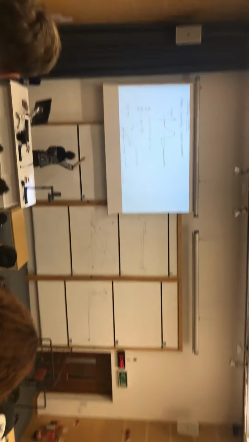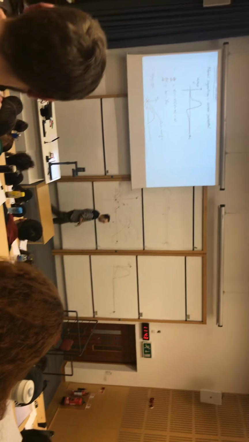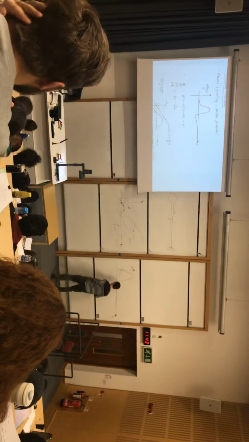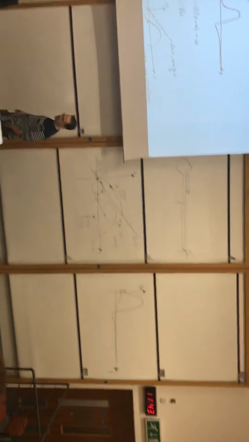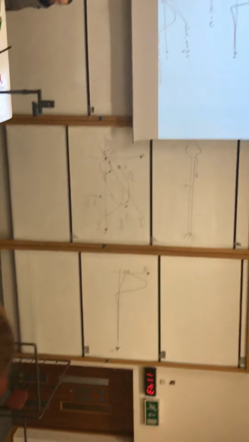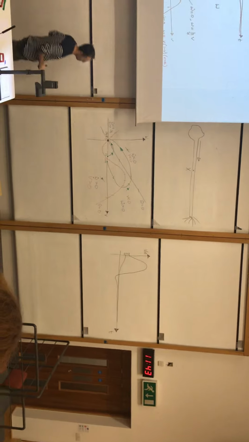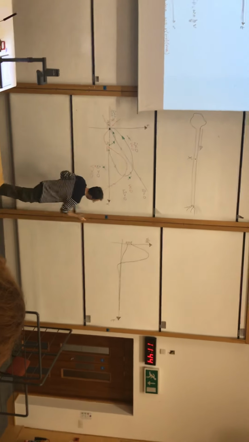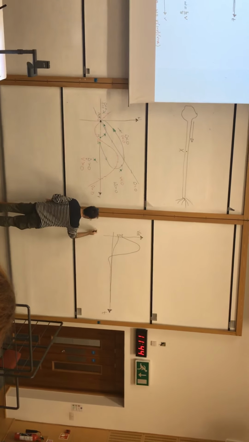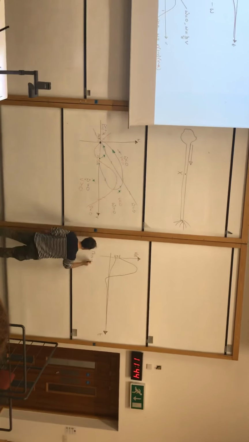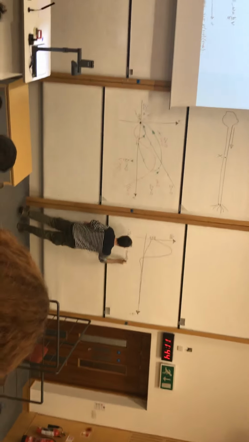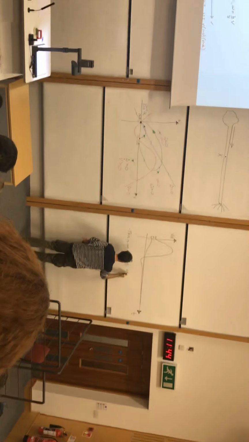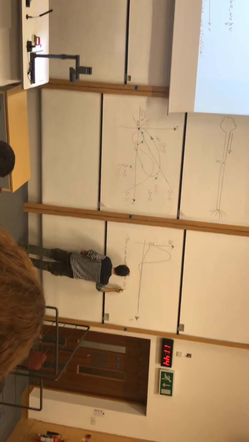The second one nicely describes the shape of this action potential. Now, more importantly, this is an example of a specific property. This is an example of an excitable system.